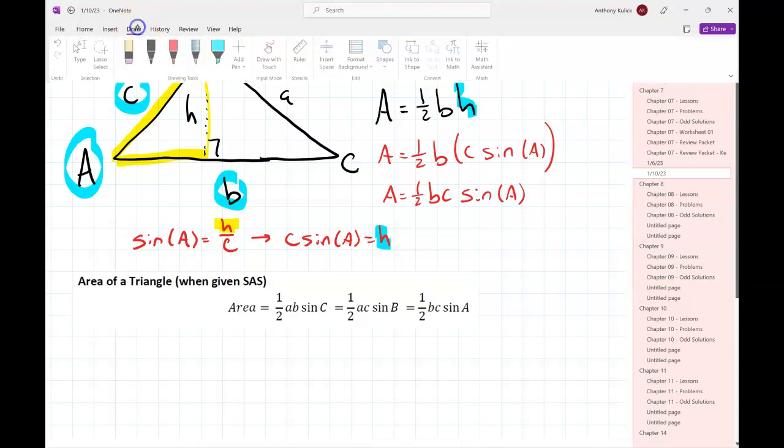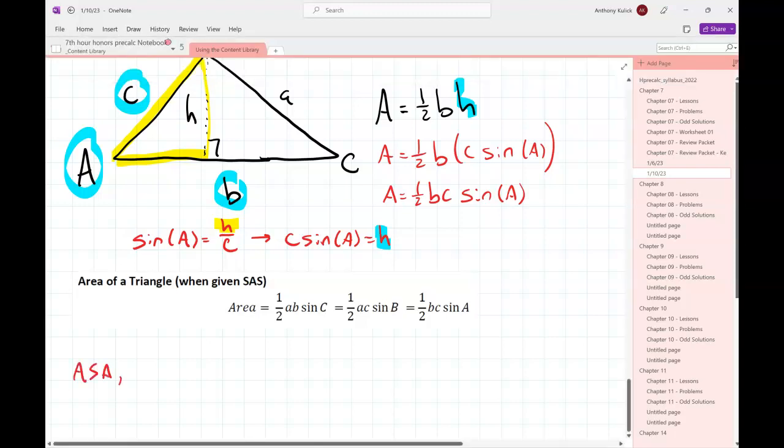Now, okay, so that works. Obviously, it works for side angle side situations. What if I have an angle side angle or an angle angle side or even an SSA situation? I'm still going to use this same formula, but I'm going to have to do something first.